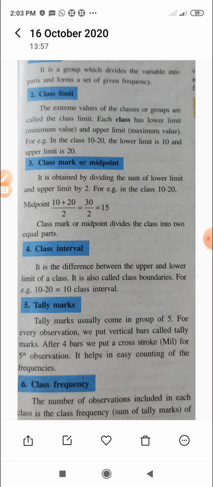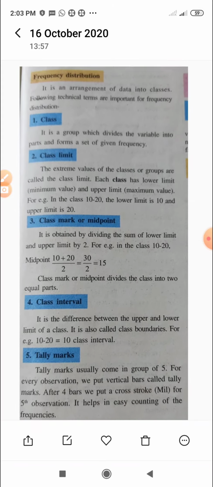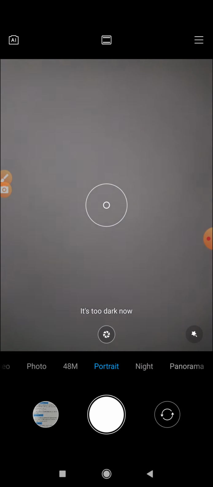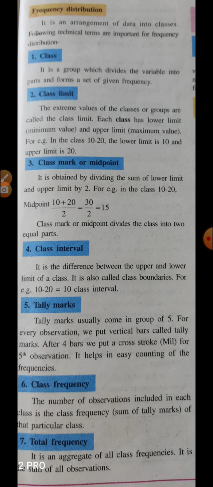Then we started the calculation of quartiles as per individual series. Then we completed the discrete series, or ungrouped data, calculation.